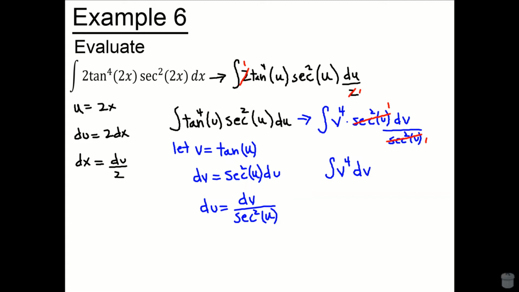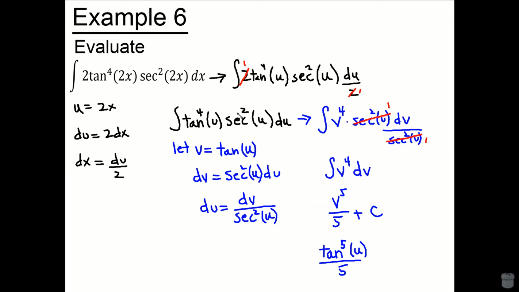Alright, so now we're going to integrate. This becomes v to the fifth power over 5 plus our constant, right? I need to replace the v with what I originally had, so now this becomes tangent to the fifth power of u over 5.